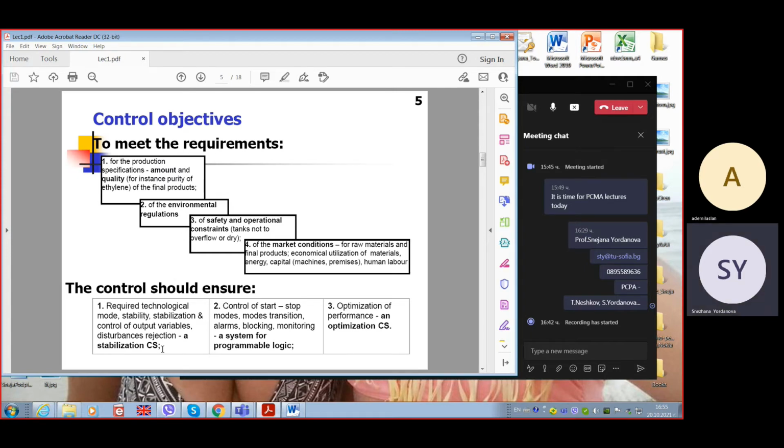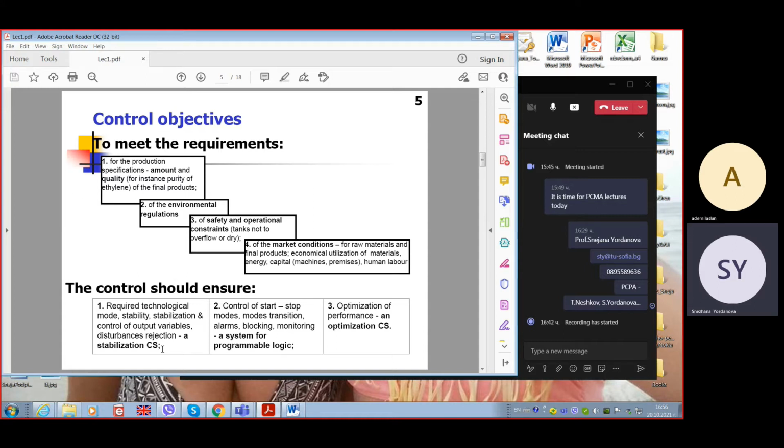The first, low level, when you have to stabilize the variable that is indicator for good production. For instance, the temperature at which we roast a bread, bake a bread. The baking requires at different stage a different temperature.